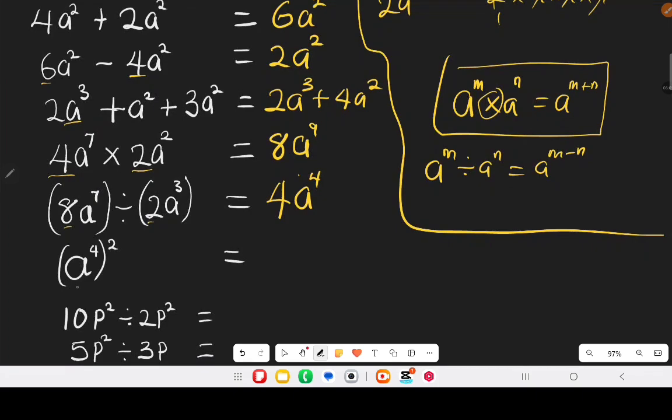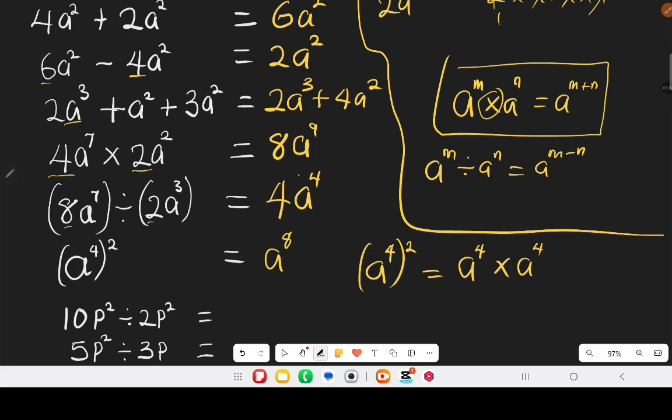Then we continue. If we have a raised to the power of 4, all raised to the power of 2, what we do is just multiply the powers. It will give us a raised to the power of 8. How do we know? This is a raised to the power of 4 all squared, which is the same thing as a raised to the power of 4 times a raised to the power of 4.